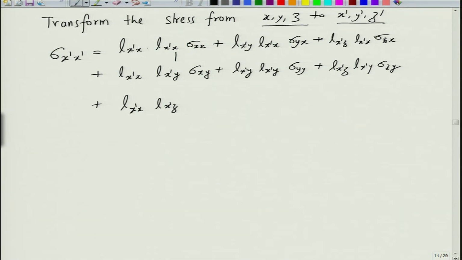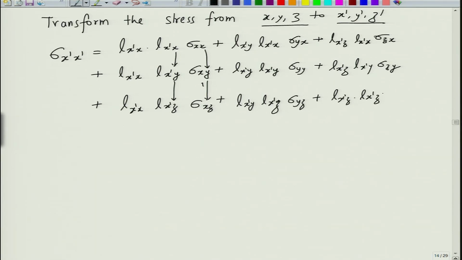So, you can see that x has gone from, and similarly here it will become sigma x z. Again L x prime y, L x prime z, sigma y z, L x prime z, L x prime z into sigma z z.